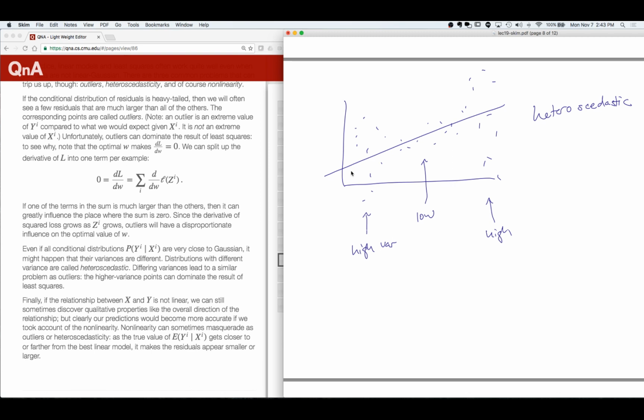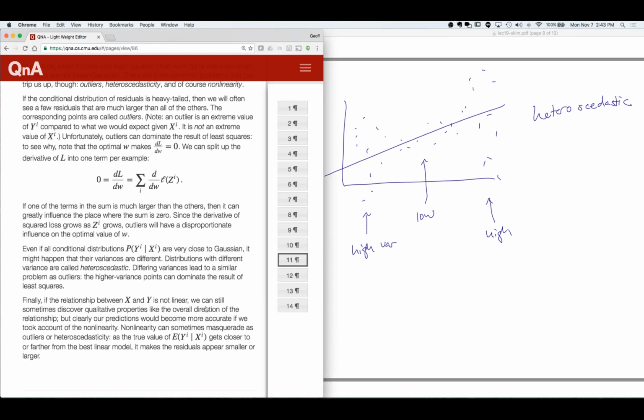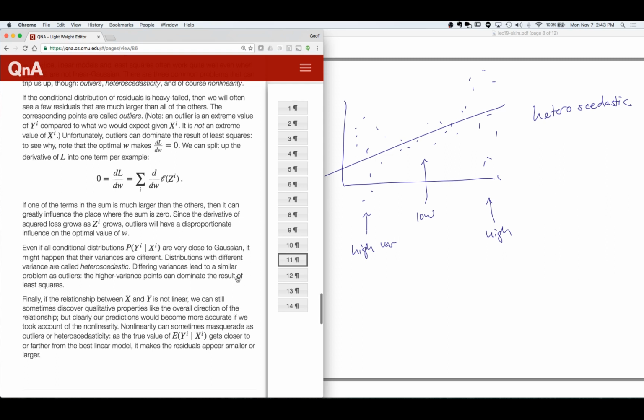And then, of course, if you have a nonlinear relationship between x and y, sometimes you can still get qualitative properties like the overall average direction of the relationship, but life would obviously be better if we took account of the nonlinearity.